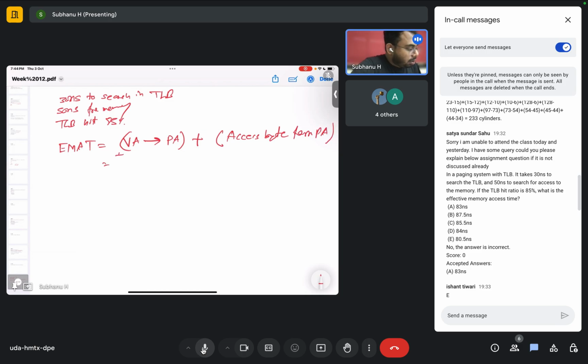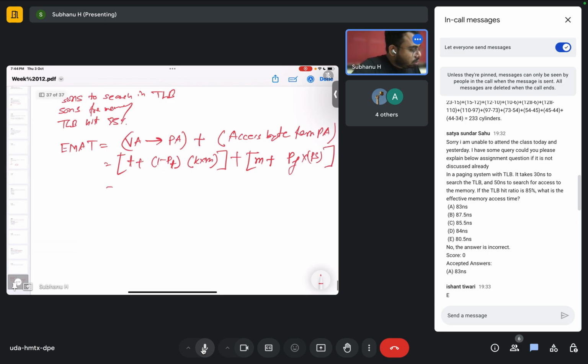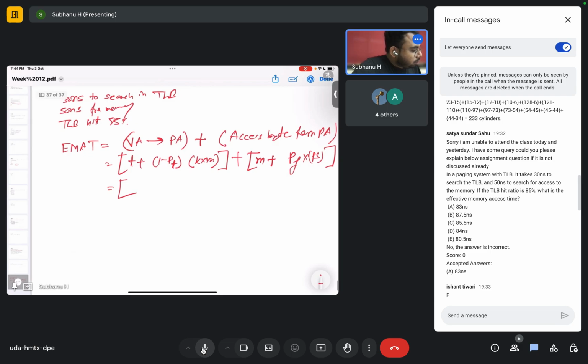So what is this time? So this is t plus (1 minus p) t into k into m. Okay. Plus memory access time plus page fault into page access time. Okay. So what is our t? So is there any t?